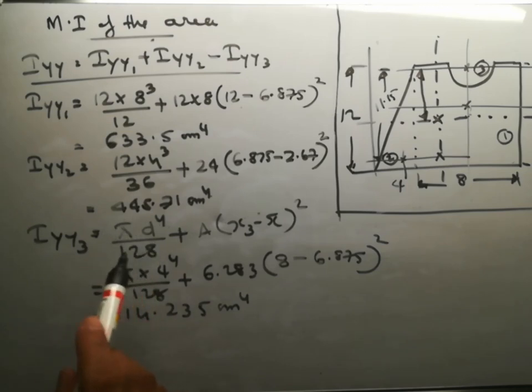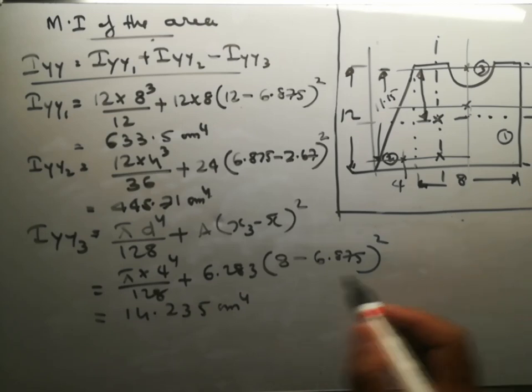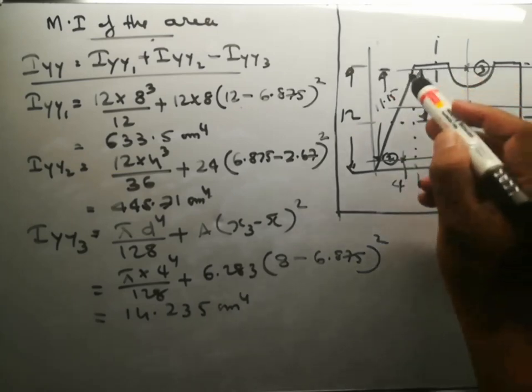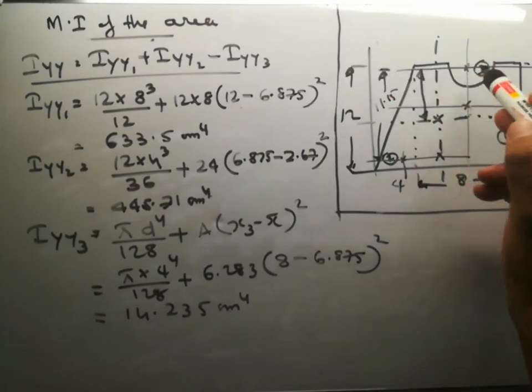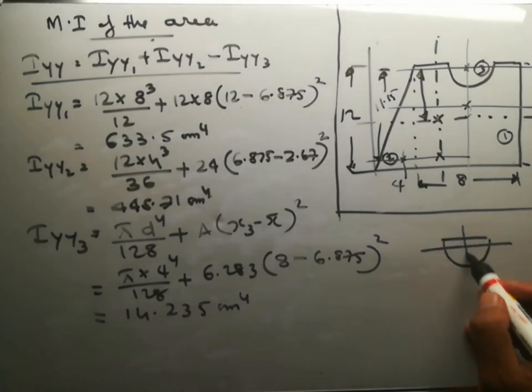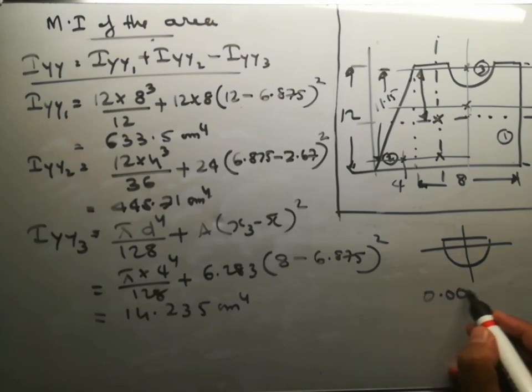So when I calculated Ixx3, I used the equation pi d raised to 4 by 32 by mistake, but actually the moment of inertia of this semicircle put like this, about this axis, is 0.0068 d raised to 4.